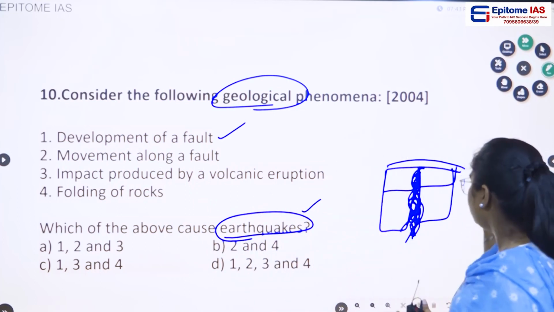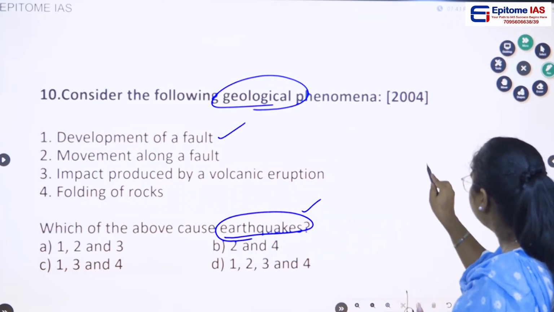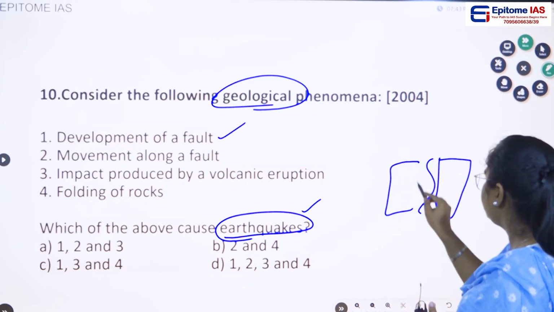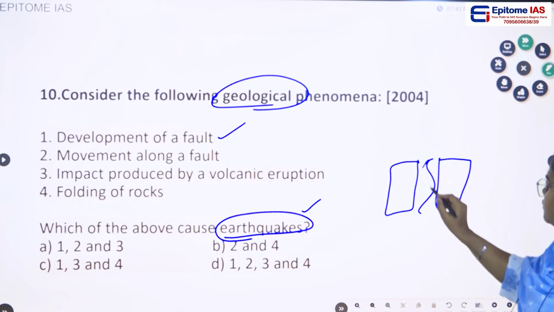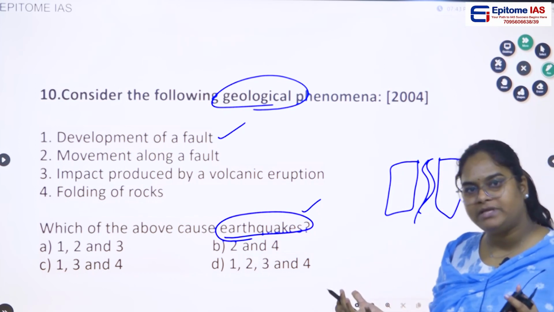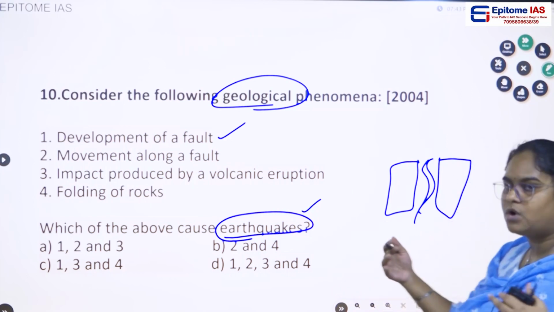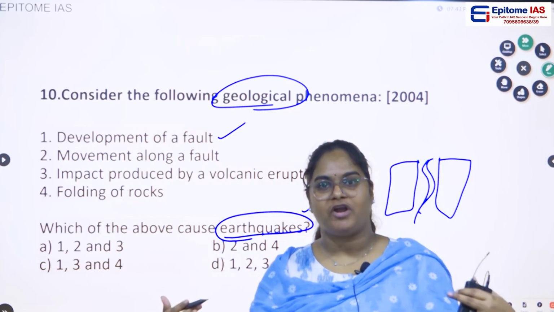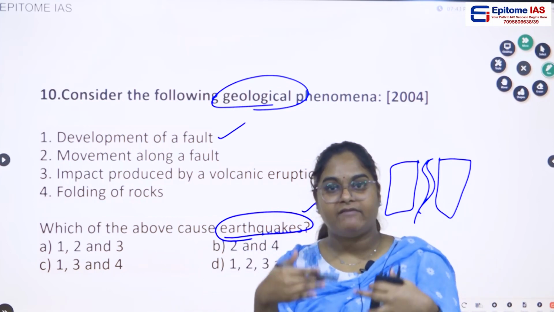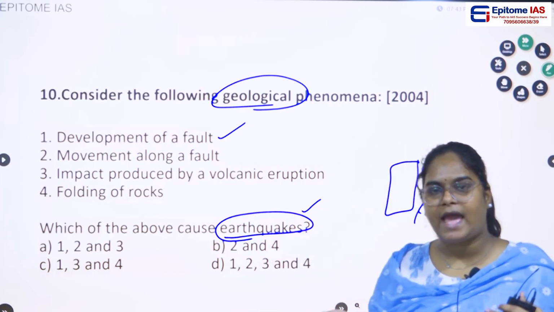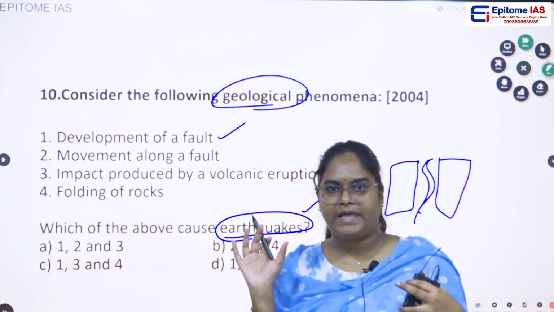Then movement along a fault. Let's say there is already a fault, and there is a plate here and another plate here. Okay. Now there is a movement. What types of movements are there? One is continent-continent divergence and continent-continent convergence. Then we have the transverse boundary. So these types of movements are already happening in the plates, right?